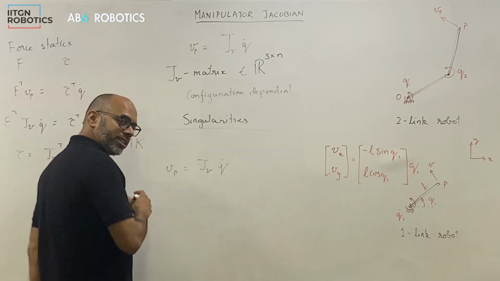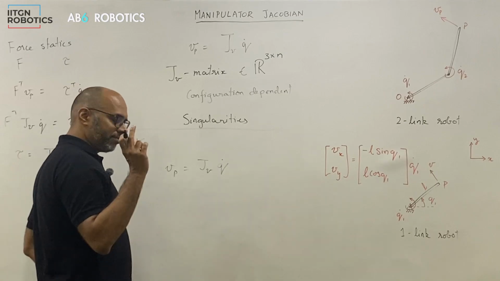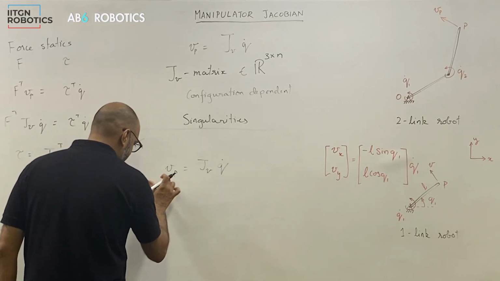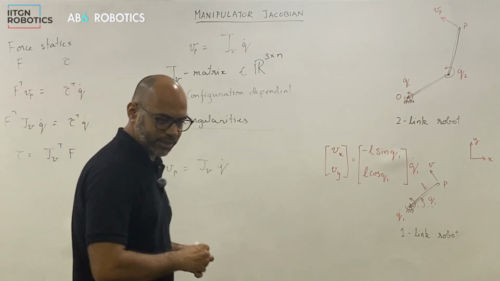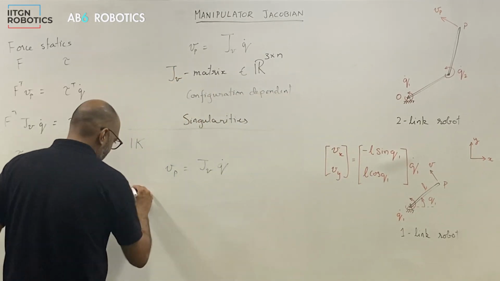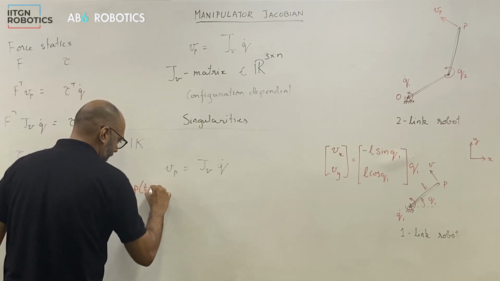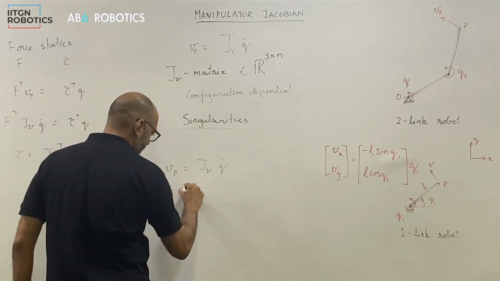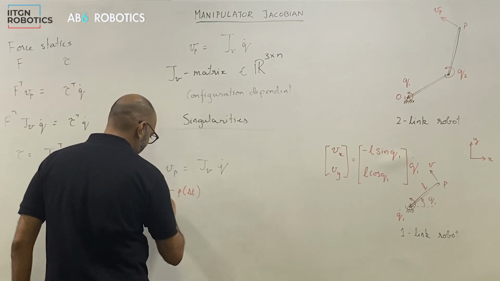You can think of this Vp, and this is an approximation obviously, as position at the current time plus delta t minus position at current time, divided by delta t.